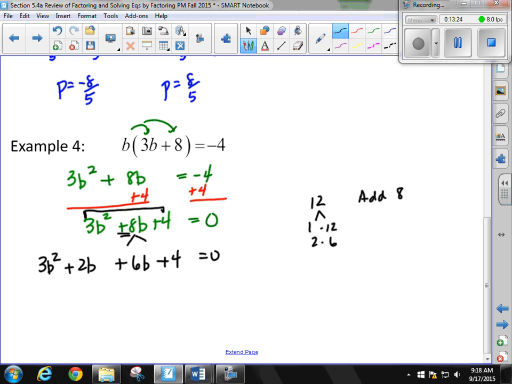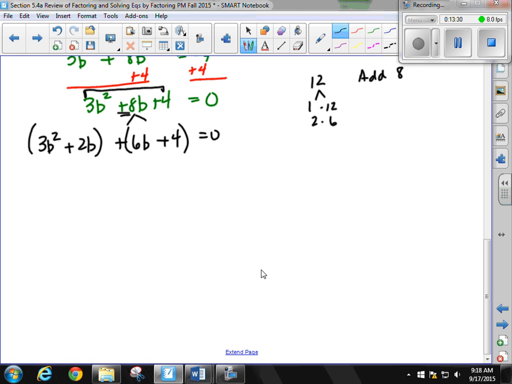I'm going to factor by grouping now. So first 2 terms go together, last 2 terms go together. 3b squared and 2b, the only thing they have in common is 1 factor of b, so I'm going to take that out, and I'm left with 3b plus 2. Plus, in my second group, 6 is 2 times 3, and 4 is 2 times 2.